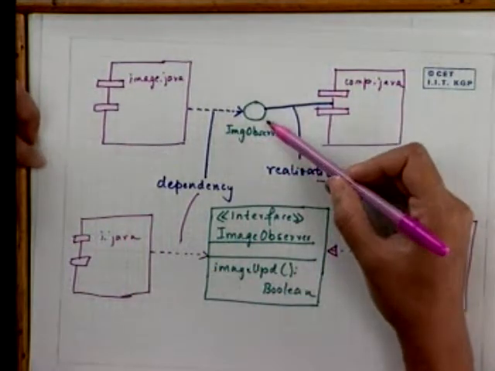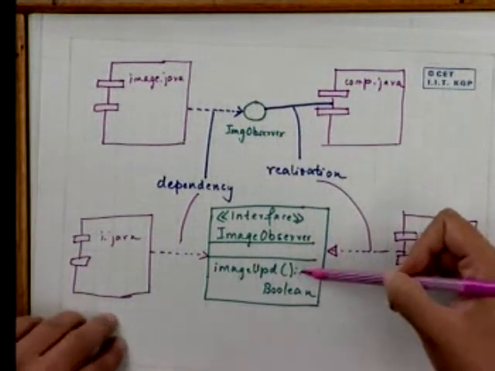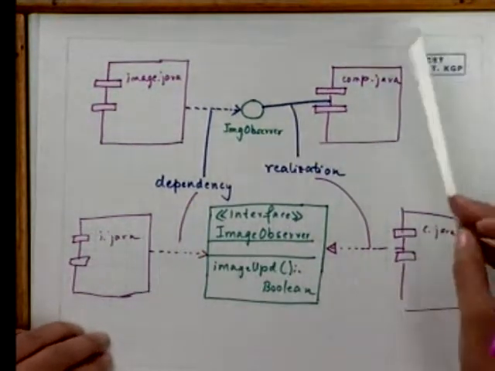So interfaces can be represented either in the elided view like this or in the more detailed view like this. In the detailed view, we specify the operations that have to be realized by that interface.